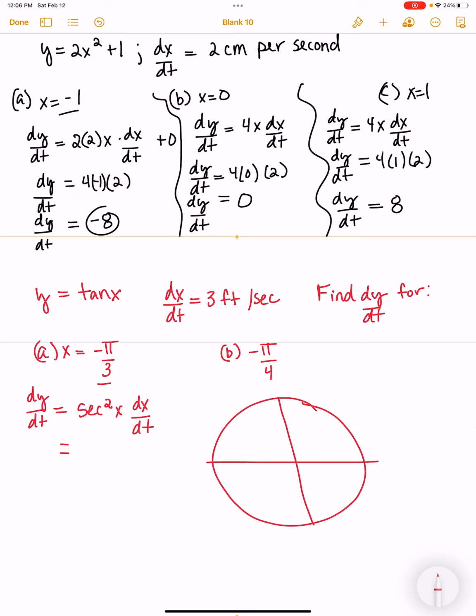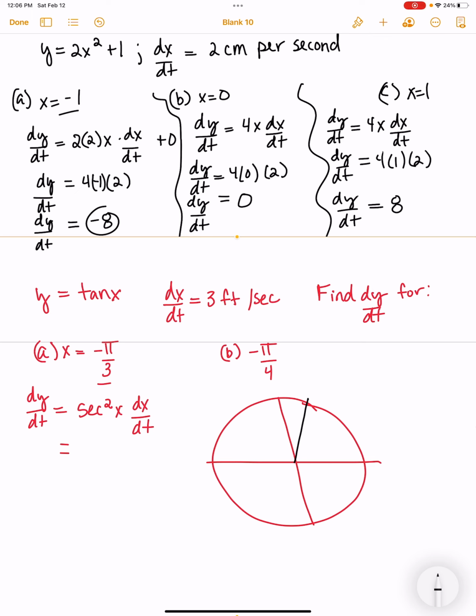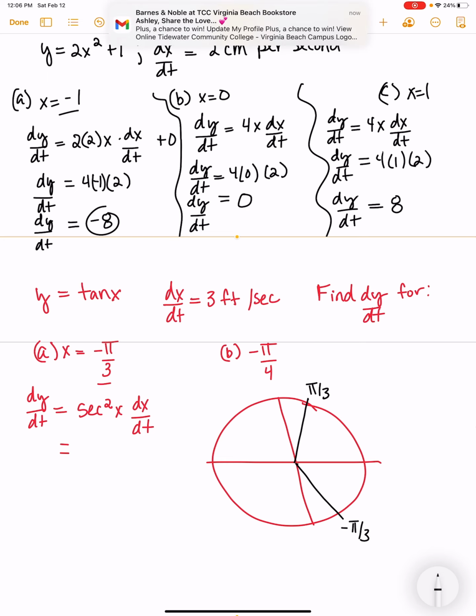Well, just as a quick aside, this is pi/3 up here, and so that's not the best. We'll have -pi/3 down here.